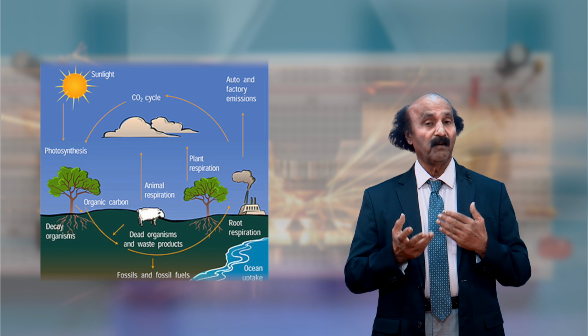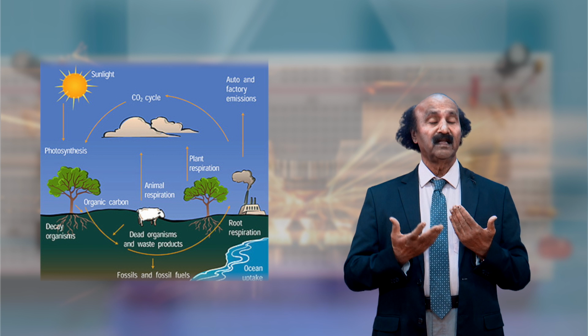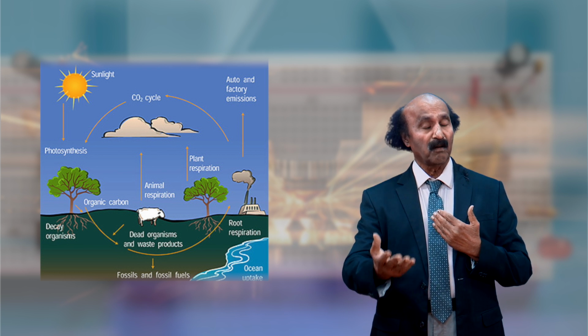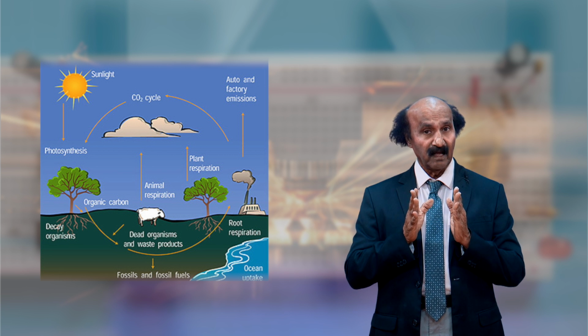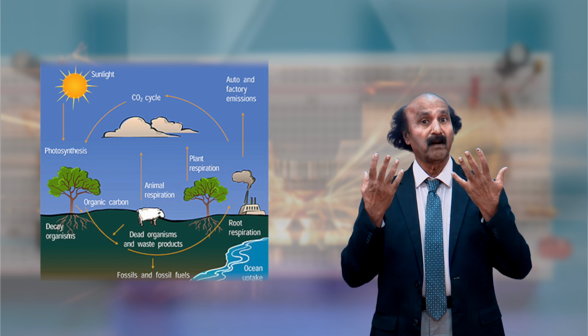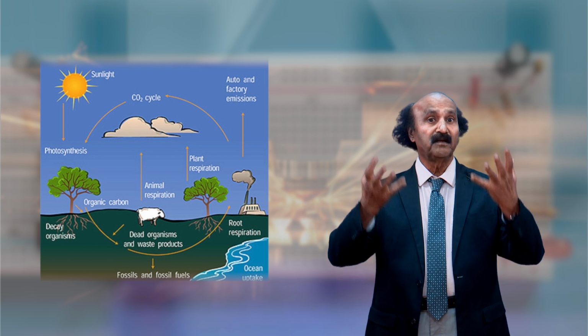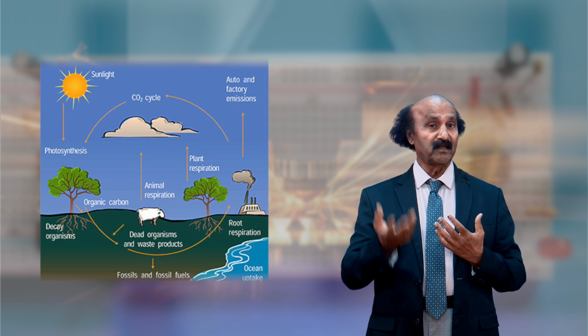Not only that, when they breathe like human beings, they take oxygen and give out carbon dioxide. But for food preparation, they take a lot more carbon dioxide than what they breathe out.